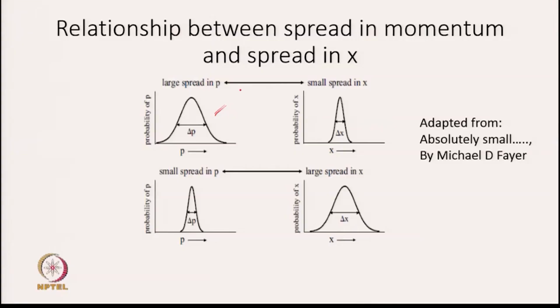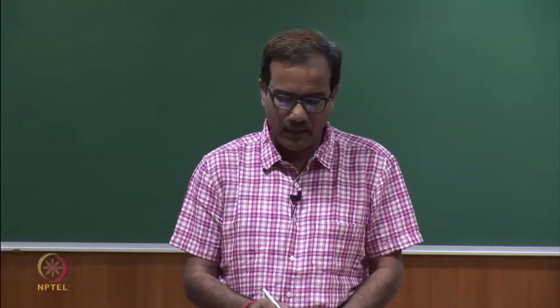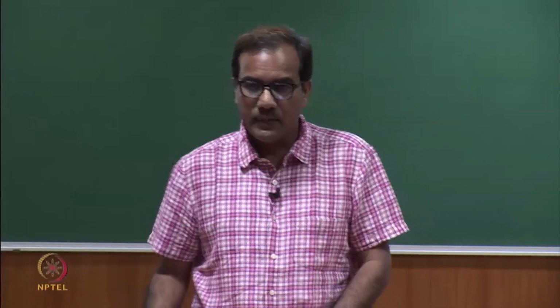Spread in p and spread in x are related. So, if there is a high spread in p, what does that mean? There will be a small spread in x, and if there is a small spread in momentum, it means there is a large spread in x, and this is the basis of the Heisenberg uncertainty principle.